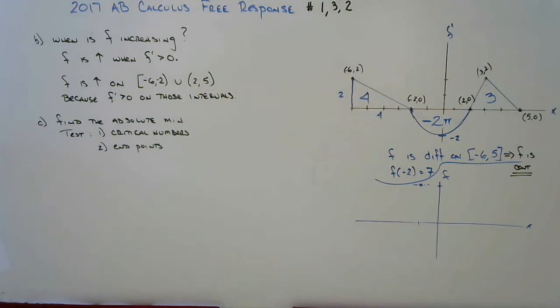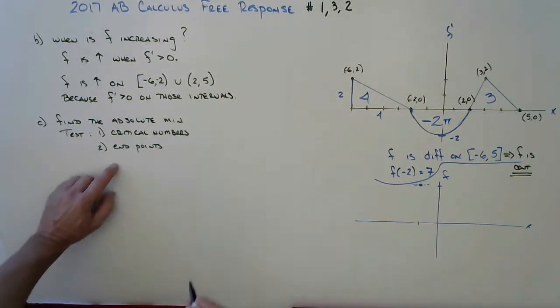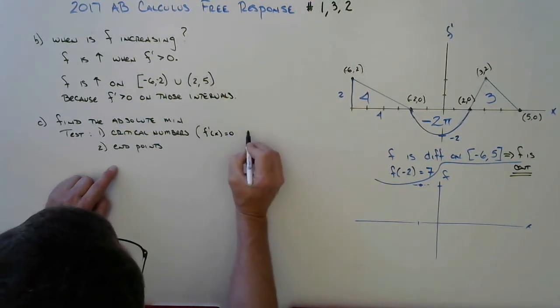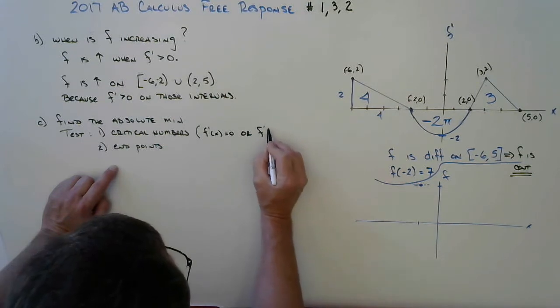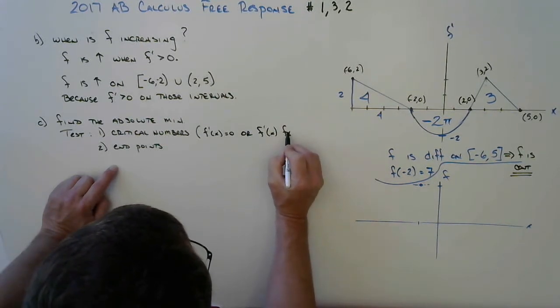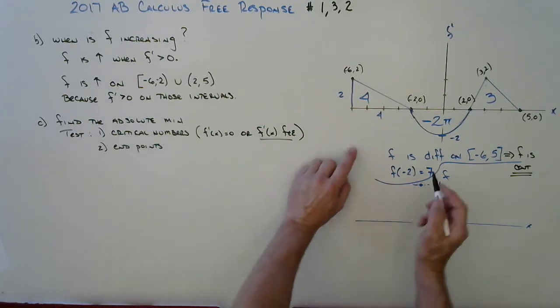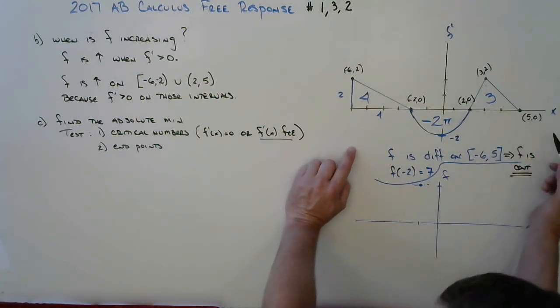Those are the things we want to test. So, how are we going to do this? Is there any place, critical numbers, now remember what that means, f prime of x equals 0, or f prime of x fails to exist. That doesn't happen because our derivative exists everywhere.